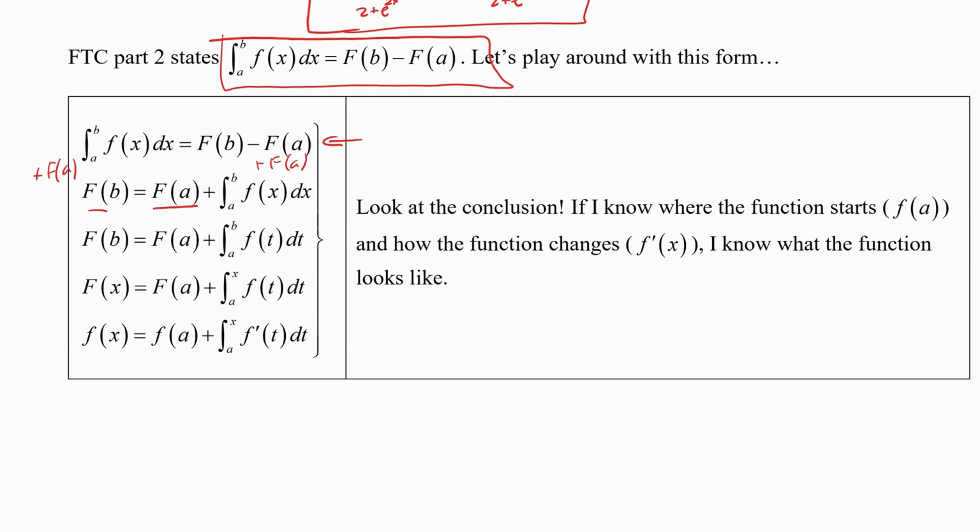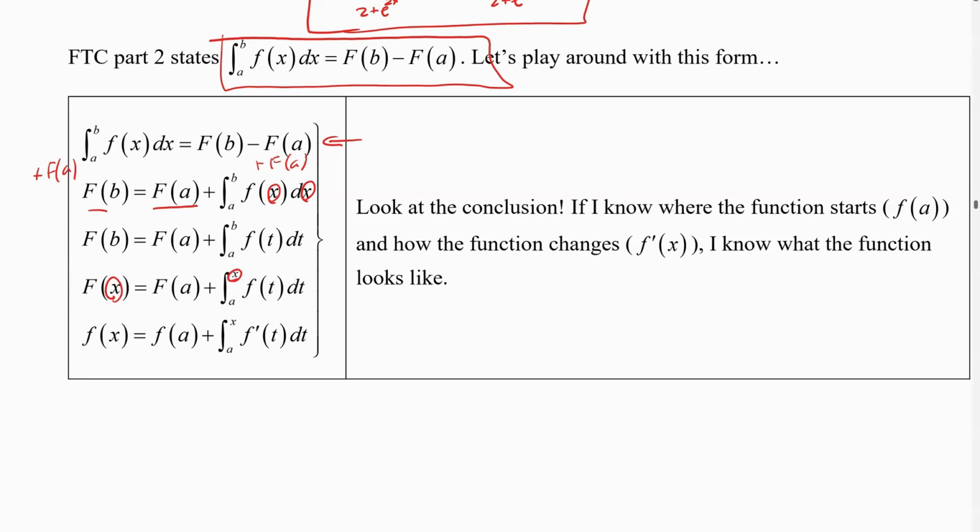Is there any reason why I need to use the dummy variable x? No. Let's change the dummy variable to t. Still no problem. There's also no reason why I have to use a's and b's. Maybe I keep the a's the same, but I change this b into an x.